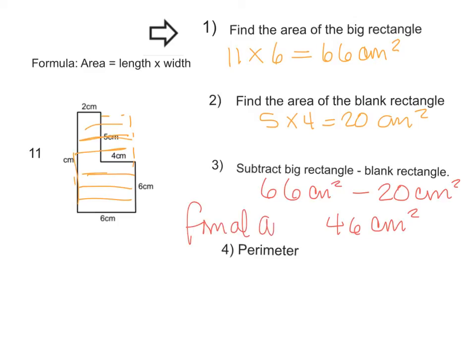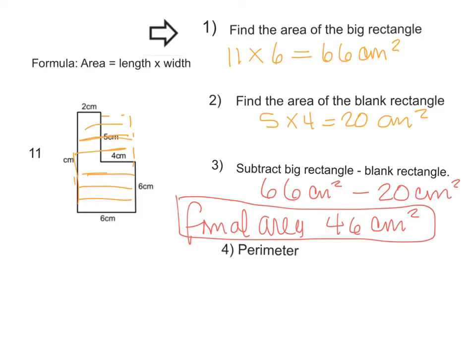Final area. What did we do? We said, first, find the area of the big one, which includes the blank space. Then we subtracted the blank area and found our final area.